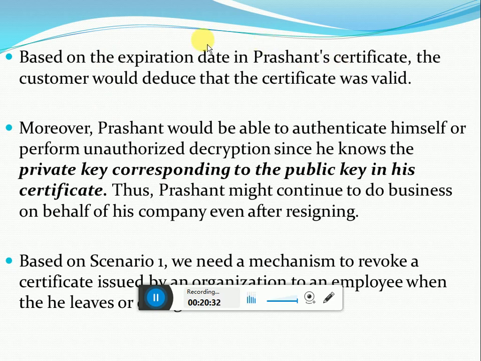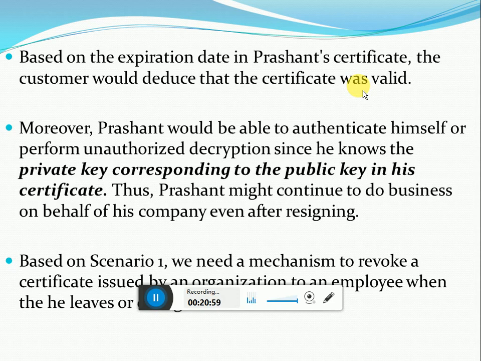In case the certificate is not revoked, we're going to discuss now what will happen. Based on the expiration date in Prashant's certificate, the customer of company X would deduce that the certificate is valid.